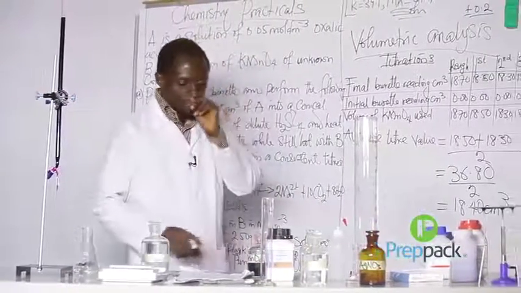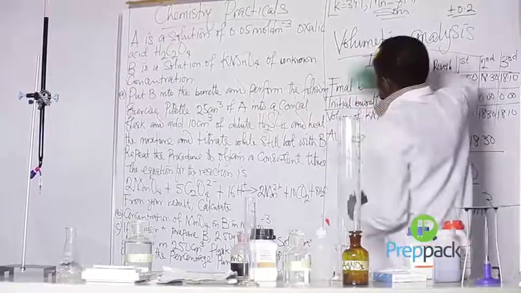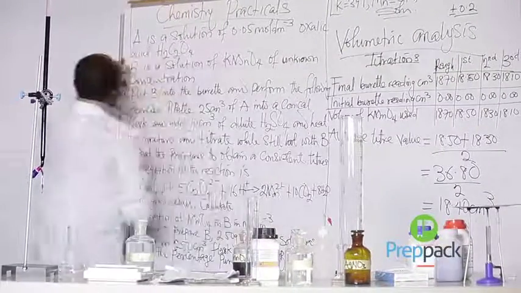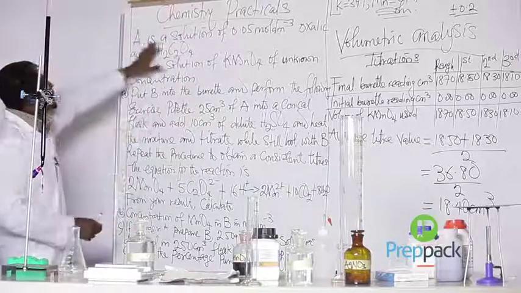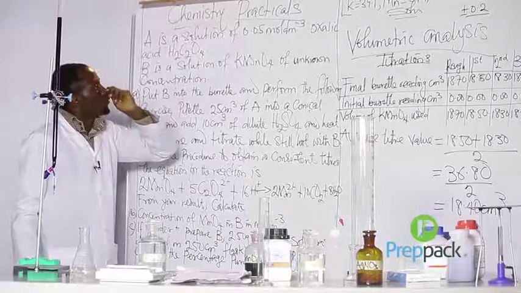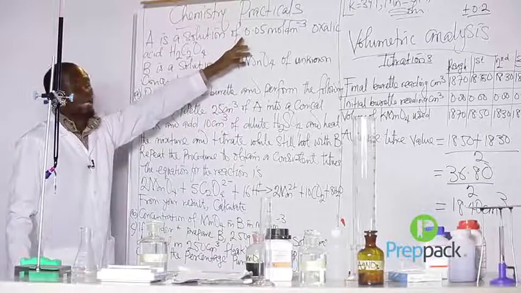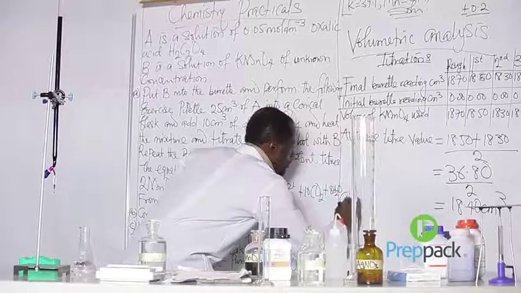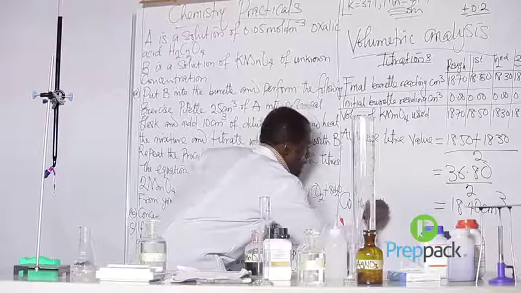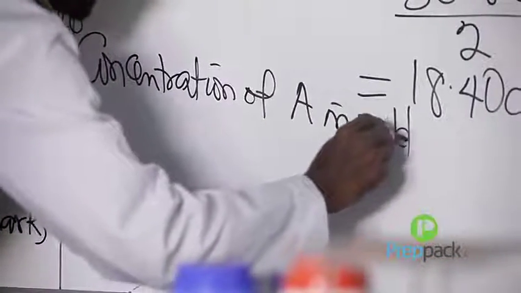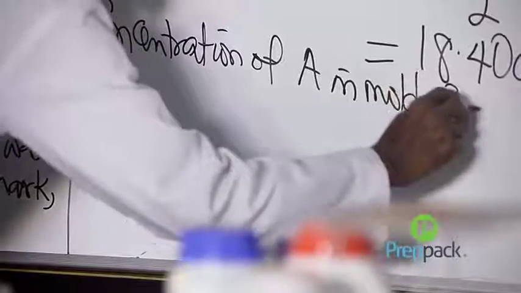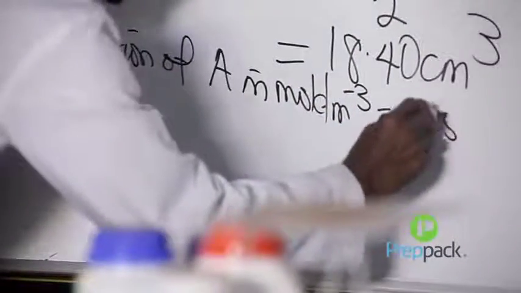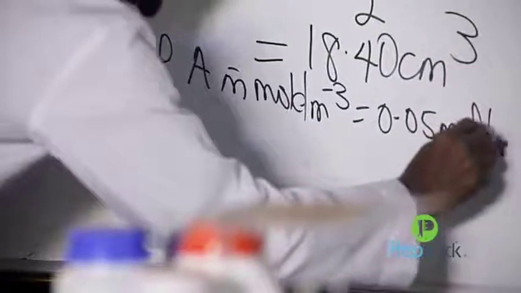All I need to do is to write out the parameters. As you can see from here, I was given A is the solution of this. The 0.05 mole per dm cube here is the concentration of A in mole per dm cube. So concentration of A in mole per dm cube is 0.05 mole per dm cube.